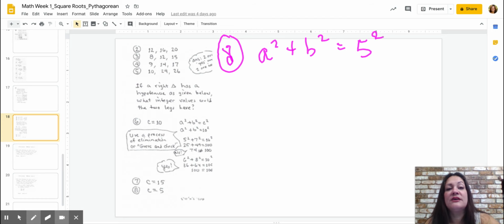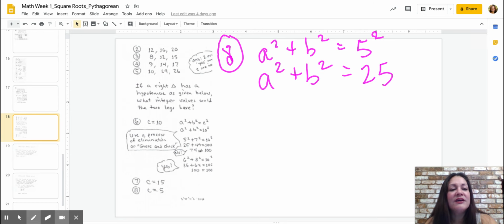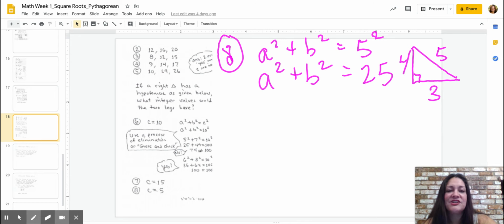Okay, so we need to figure out what A is and what B is to equal 25. Okay, so there's our 5. And I remember it being 3 and 4, right? That's our right angle. You guys remember? Let's give it a shot.